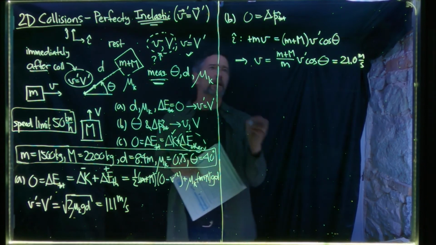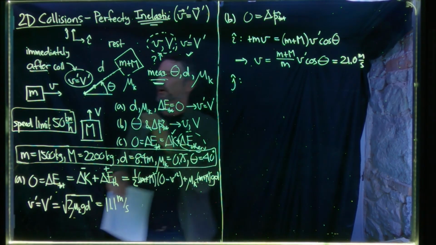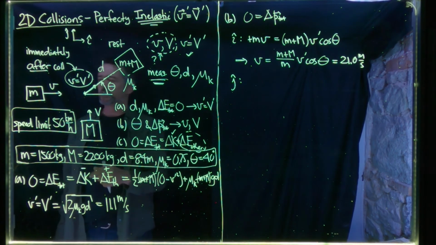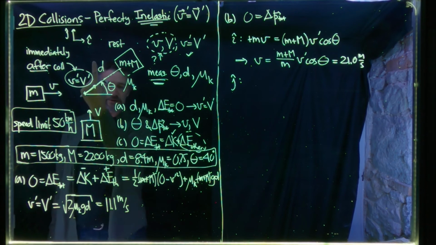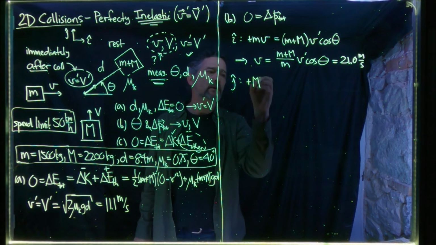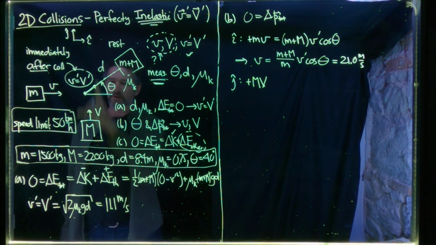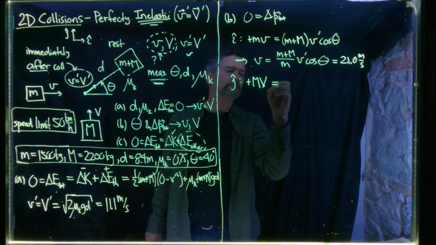Great. And then we apply conservation of momentum in the j hat direction. Initially, the sports car has no momentum in the j hat direction, but the SUV does. So it's positive big M times big V, the momentum in the j hat direction of the SUV initially.